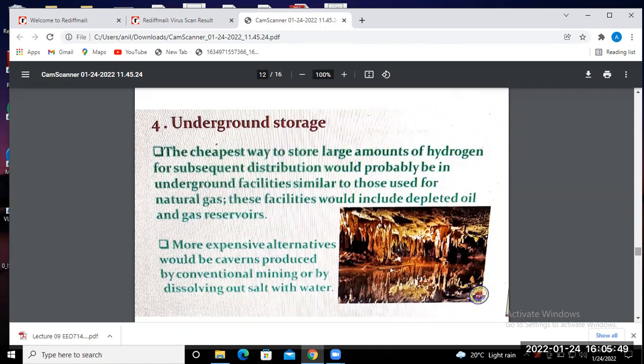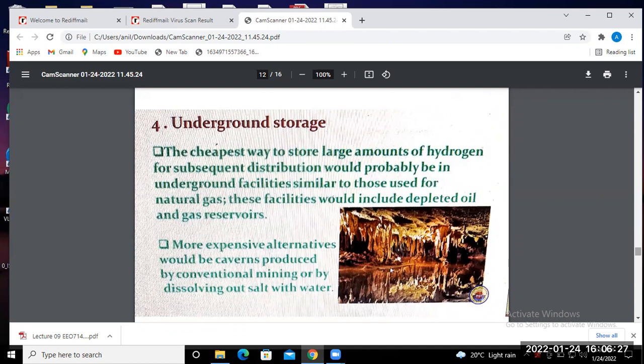Natural gas can be stored underground, so we can use underground storage for hydrogen as well. This is one of the cheapest ways to store hydrogen for distribution and transmission from one place to another.